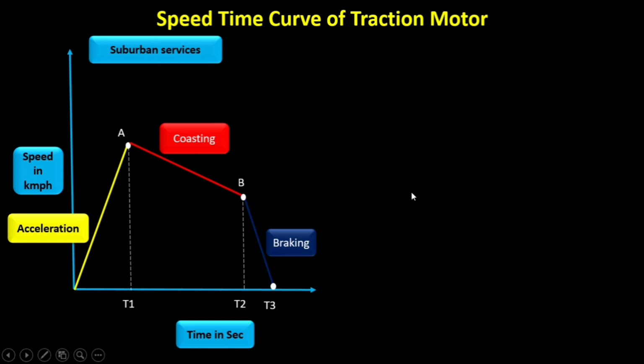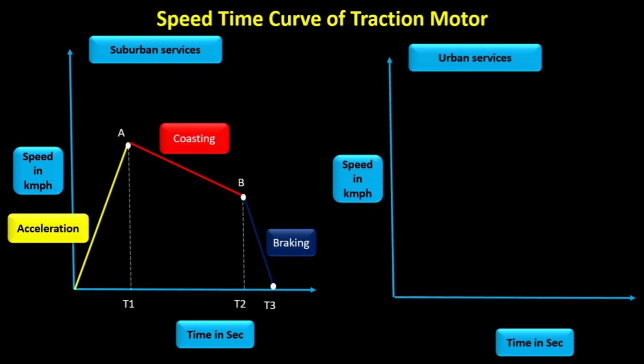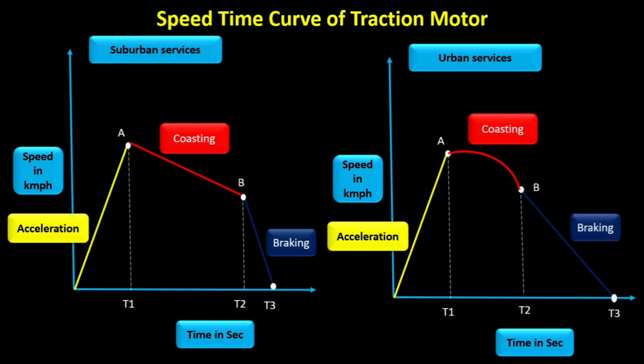Then talking about the urban services, you also have that graph, speed with respect to time in seconds. Here from 0 to t1 you have acceleration, then from t1 to t2 you have the coasting period, and from t2 to t3 you have the braking period.